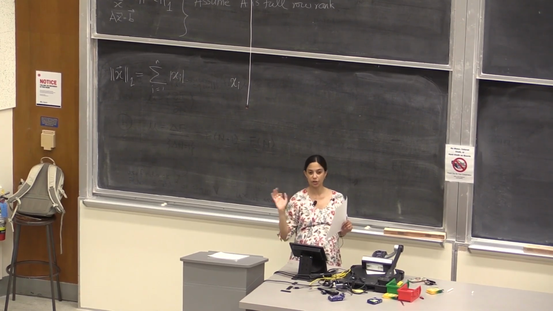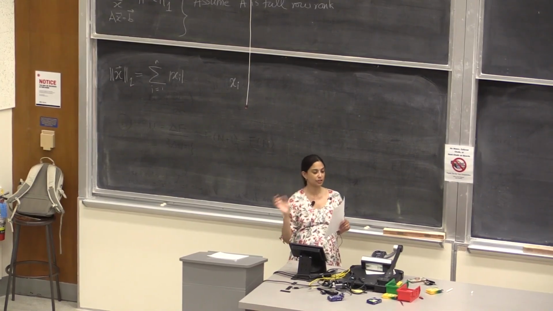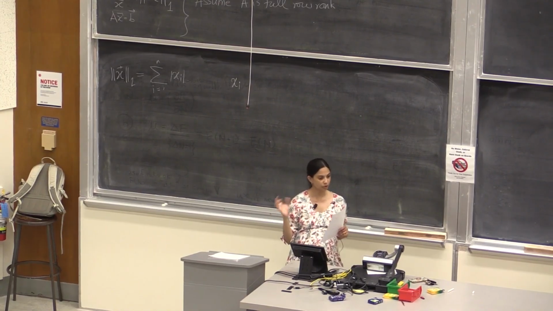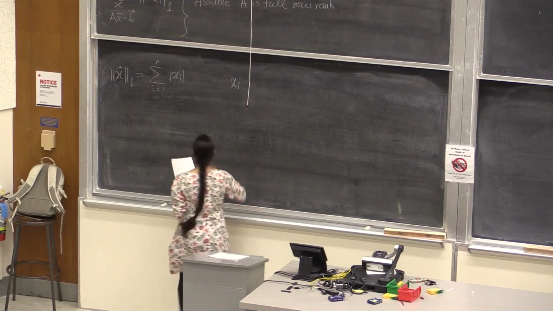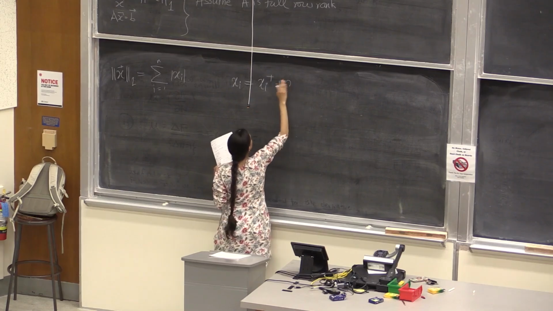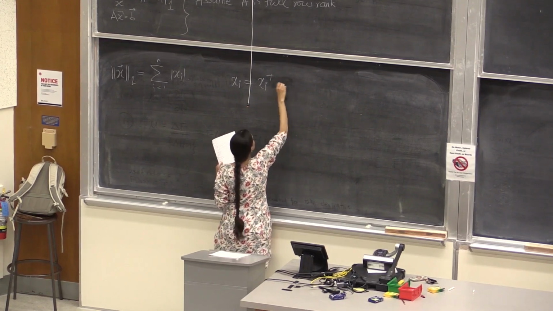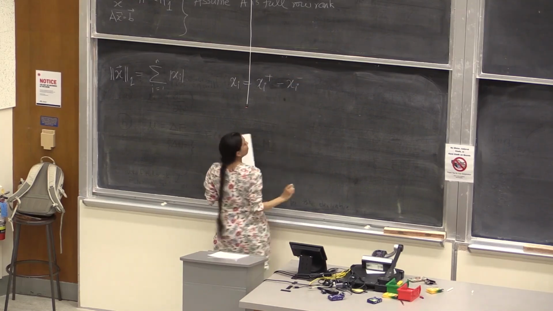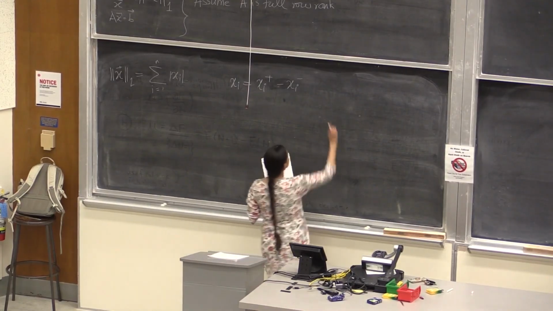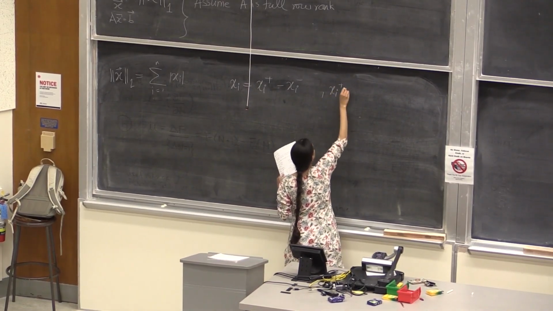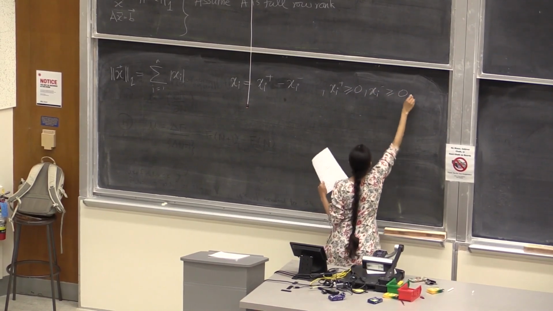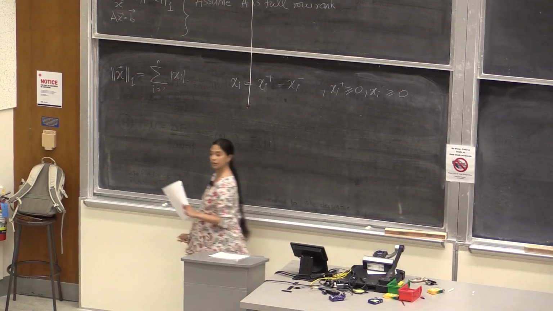We said that every real number can be expressed as the difference of two positive real numbers. Remember we did that trick? So we're going to do a similar trick. I'm going to write xi = xi plus minus xi minus, where xi plus is greater than or equal to 0 and xi minus is greater than or equal to 0. These are also slack variables.